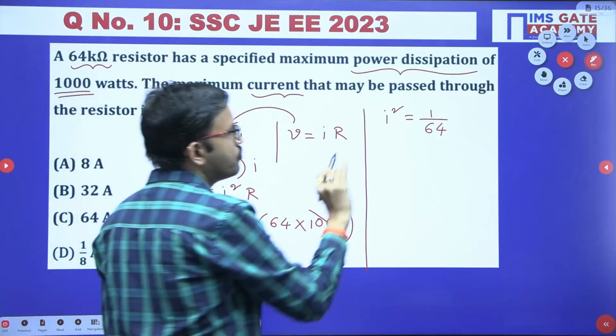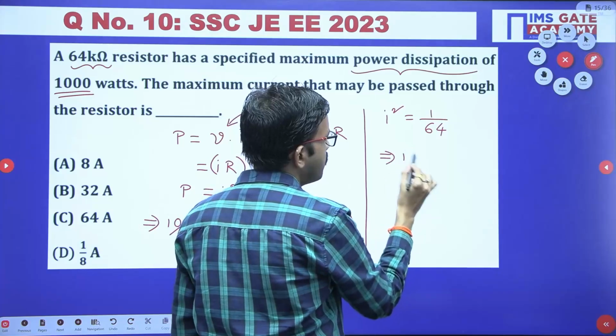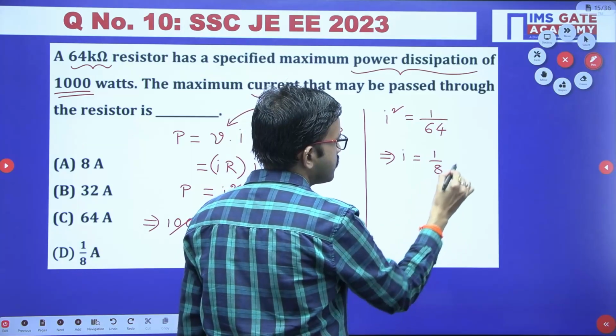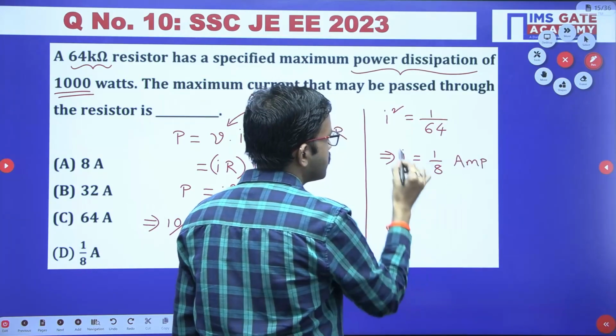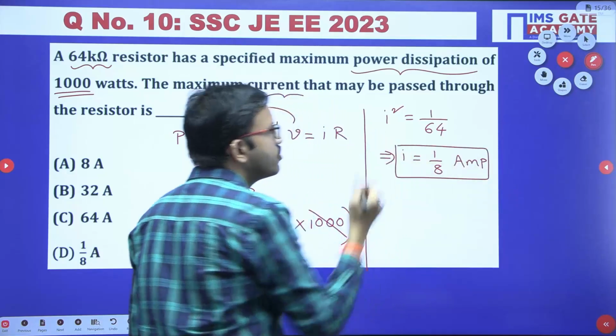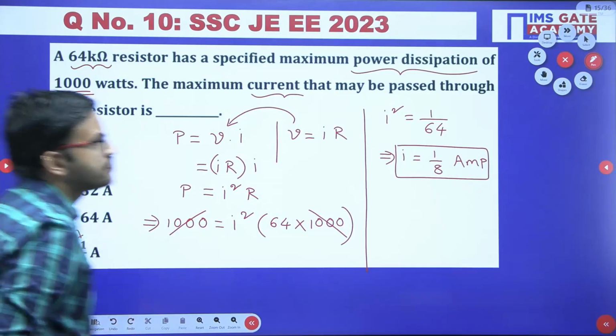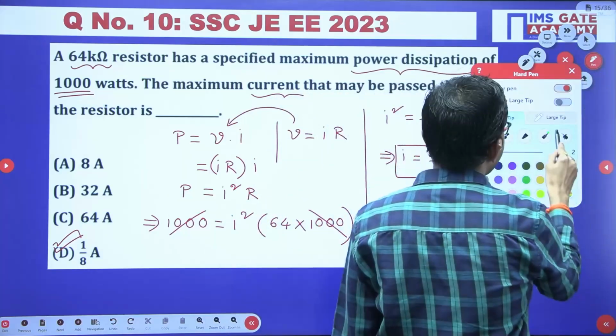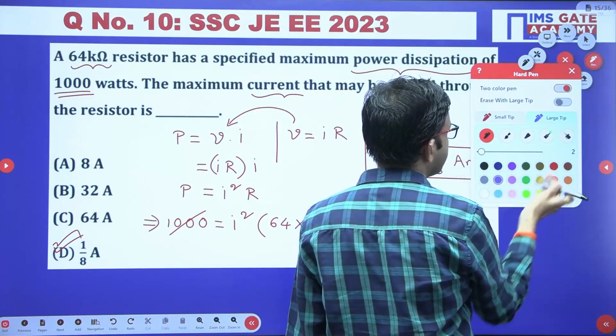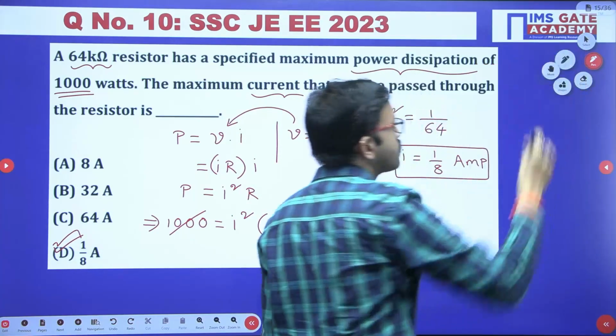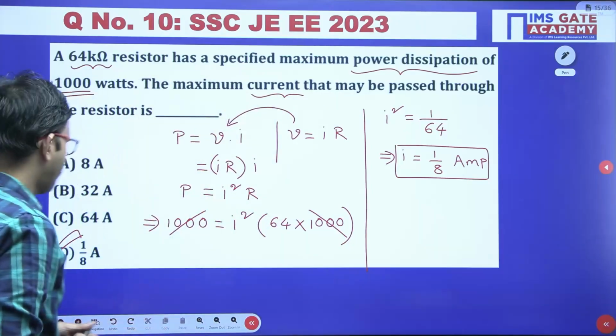So I equals 1 by 8, units are ampere. I equals 1 by 8 ampere. So option D is the correct one.